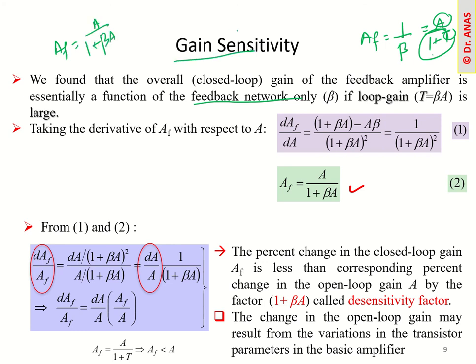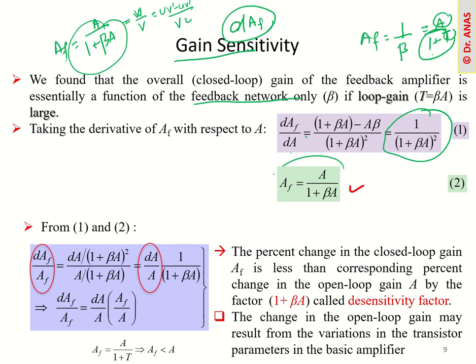We want to analyze gain sensitivity, that is, the change in gain. So we will take the derivative of this with respect to A. If you apply the derivative rule for u over v, which is (v times u derivative minus u times v derivative) over v squared, we will get this equation. Our original equation is this one.